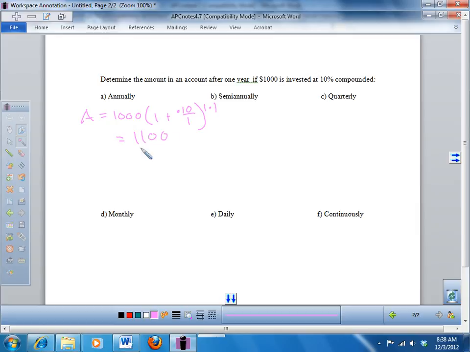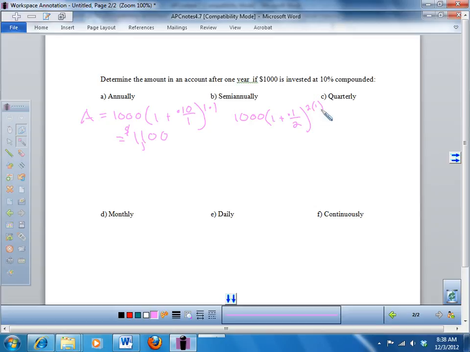And then if you compound semi-annually, you get 1,000 times 1 plus 0.1 divided by 2 raised to the 2 times 1. Everyone understands where that came from? What's the 1 in the exponent? That's the number of years that this is happening for.